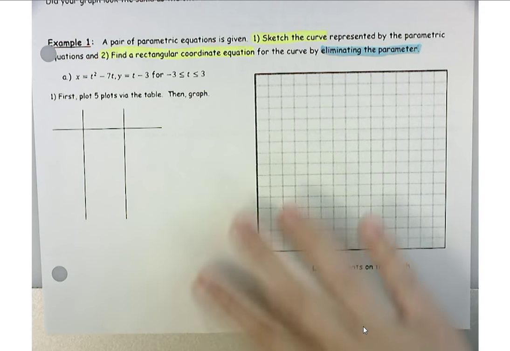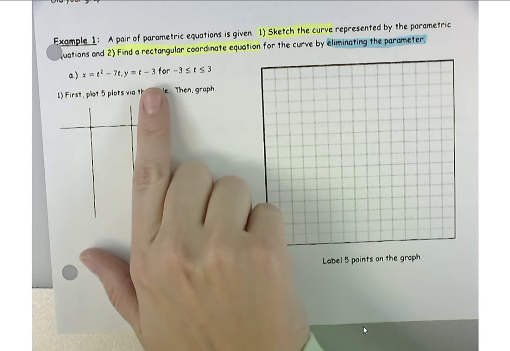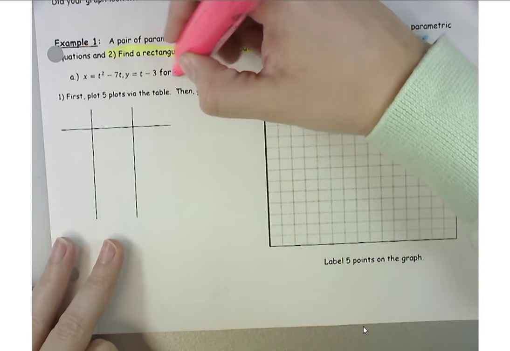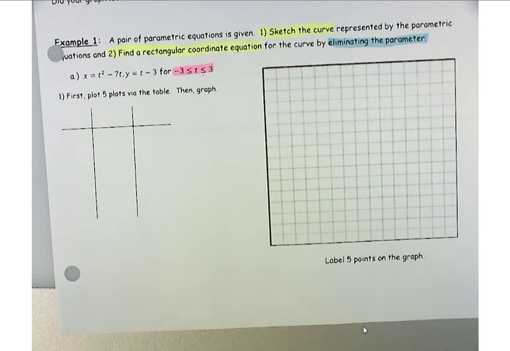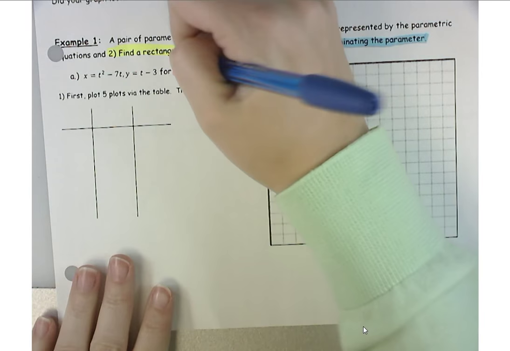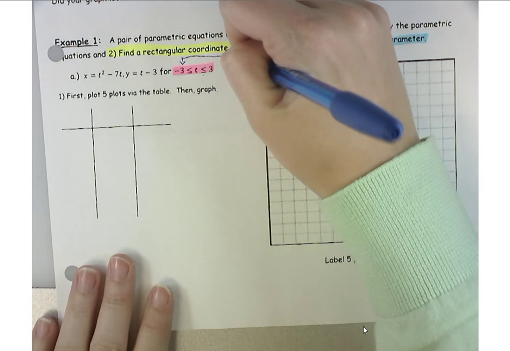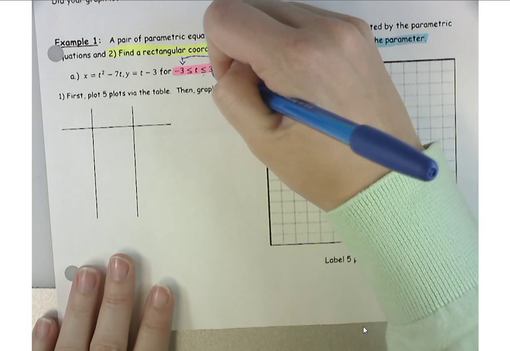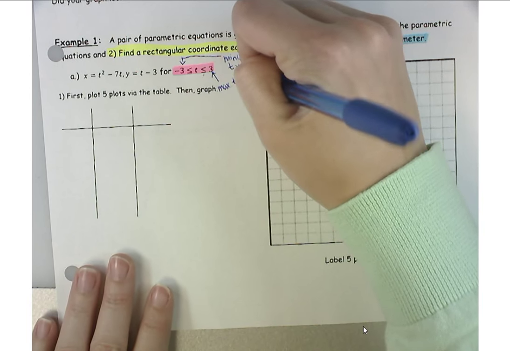So the first thing I would do when I'm looking at my equations for A and B is notice what my t interval is going to be. It says that t is between -3 and 3. So I know that my minimum t value is -3, and this is my maximum t value.